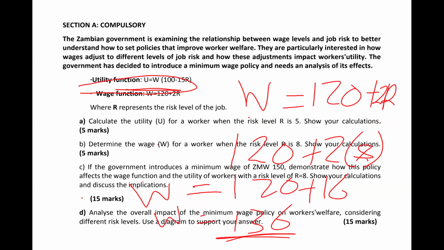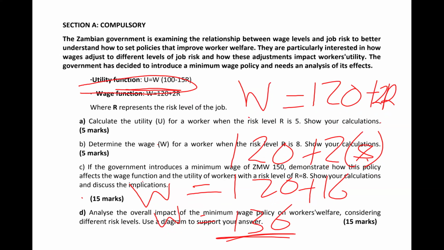A function will only be given according to the theoretical backing. So this is what we have in theory: we can only have the relationship between the risk and the wage. Any other thing, unless it is supported by theory, the function will be good. As for now, we are riding on the theory.